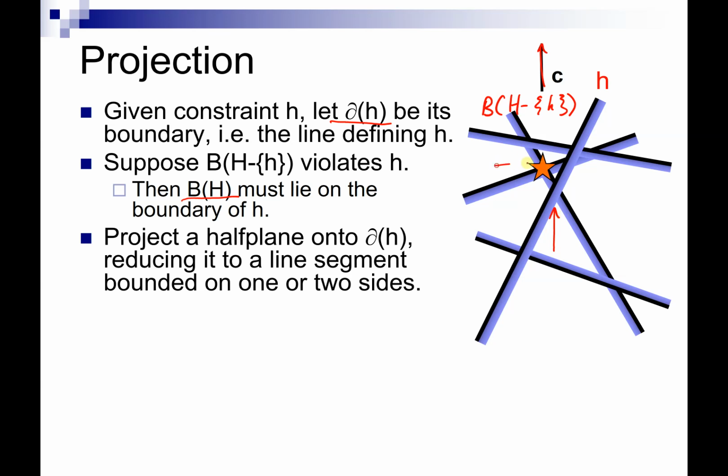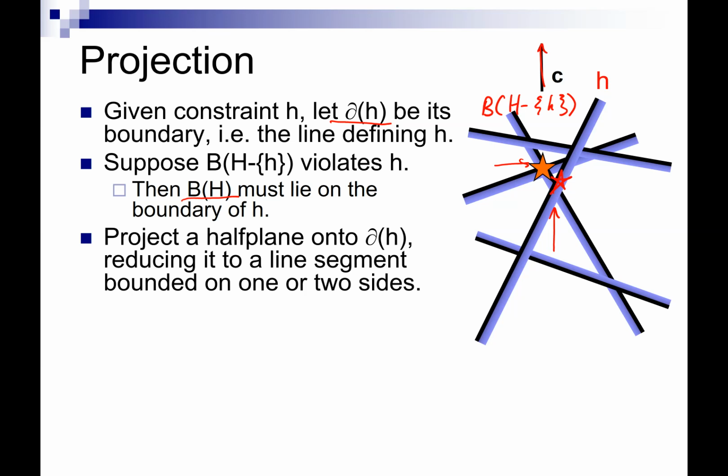Currently this red point here is too high, it lies outside of h. So we need to shift this point downwards, but as little as possible, until it just satisfies h. That means you want to put the new point over here. This is going to be the optimum, and you see that this optimum lies on the boundary of h.